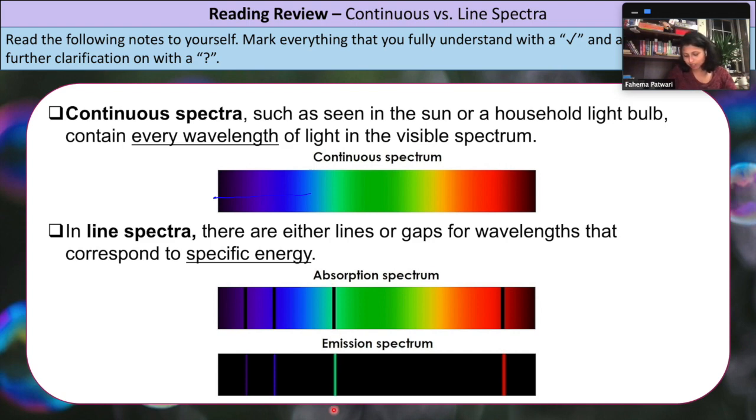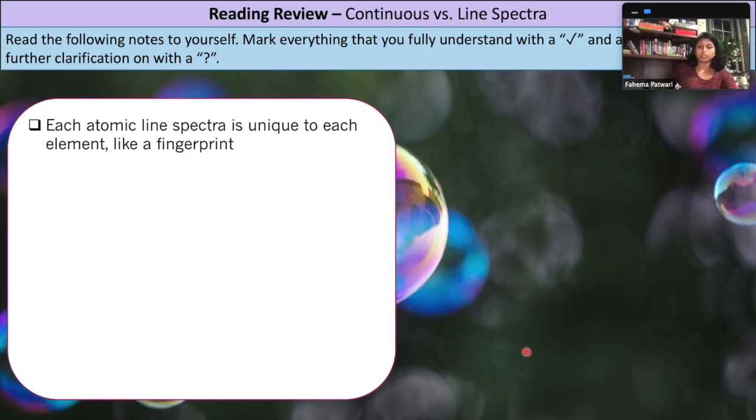It lines up. The only difference is in the absorption spectrum, there was originally a continuous spectrum and the element removed some. The element absorbed some lines away, and you were left seeing what is left here. In an emission spectrum, there's no initial source of light, but the element releases certain frequencies of light, so you see just those colors.